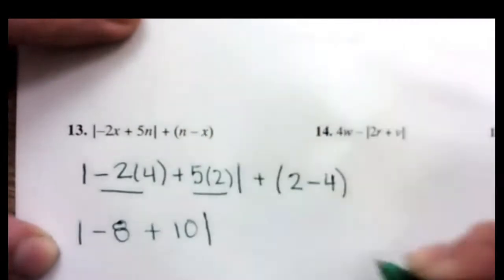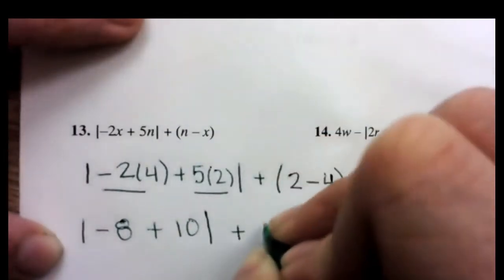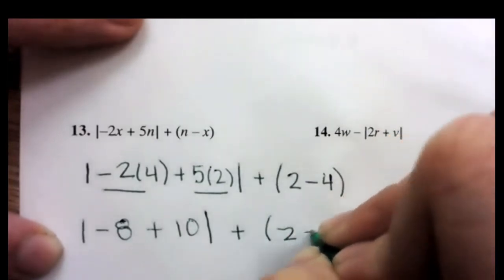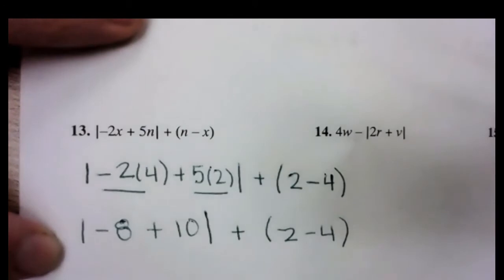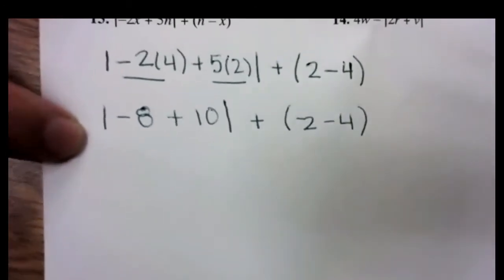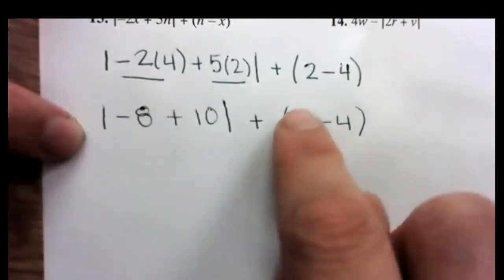So you have absolute value of -8 plus 10, still inside the absolute value, plus, and again, you could have maybe combined like terms here, or you could have waited till the next line. Now we do our addition and subtraction combining.